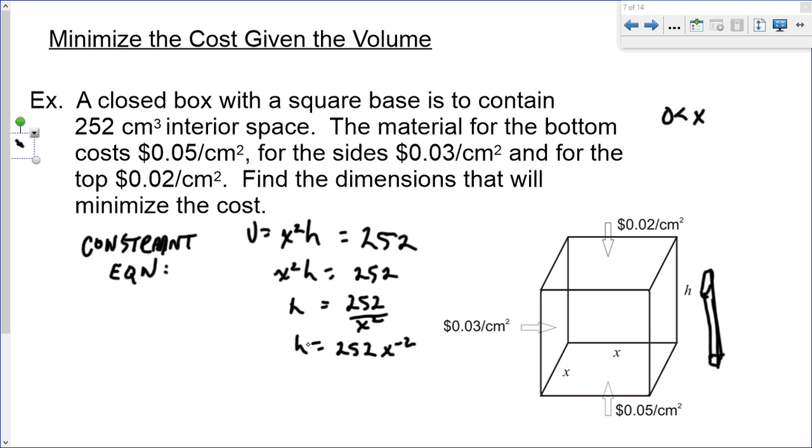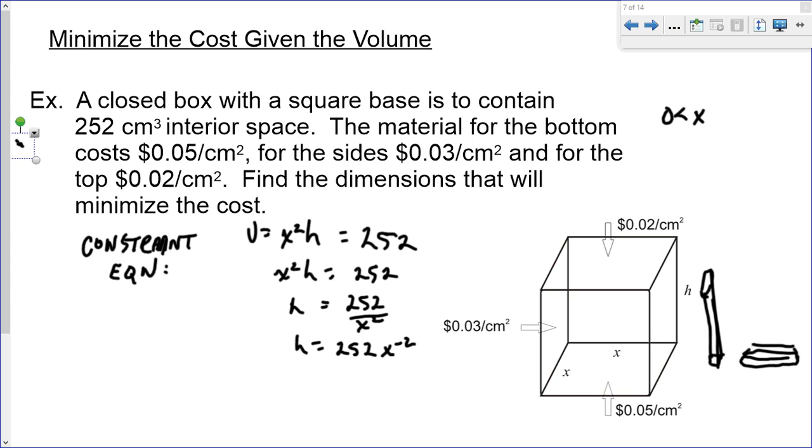The way to come up with the higher boundary is to think about all of the 252 cubic centimeters being used for the base, and the height would be 0. So it would be a really, really small height.